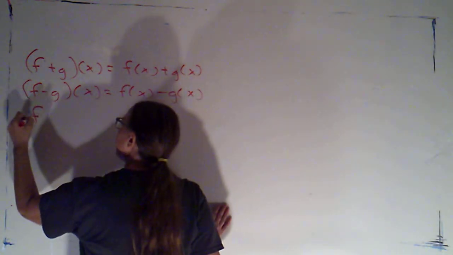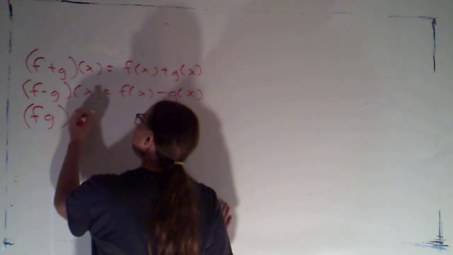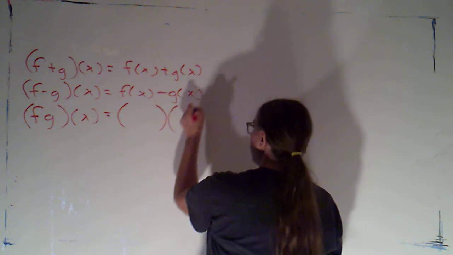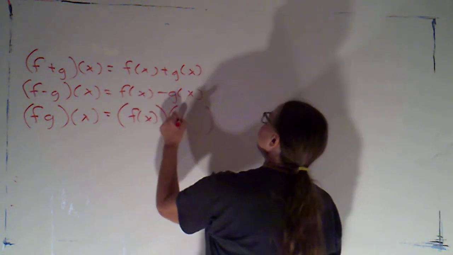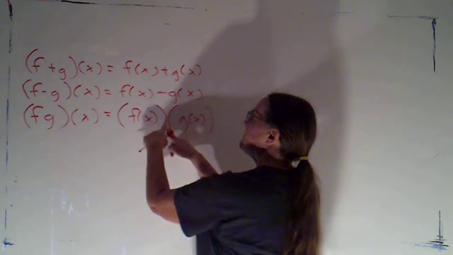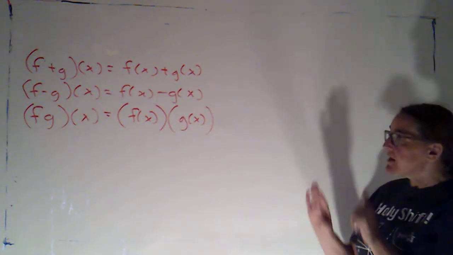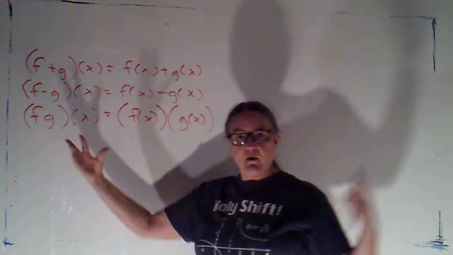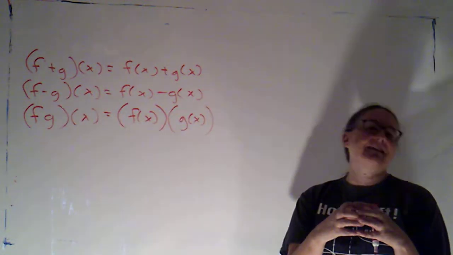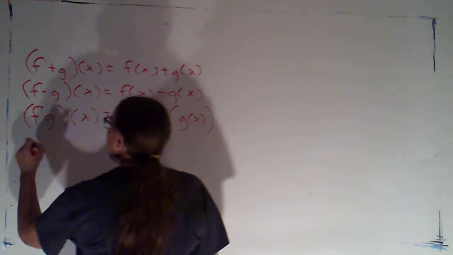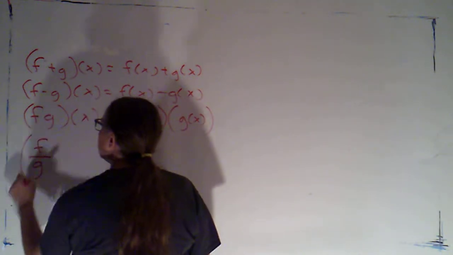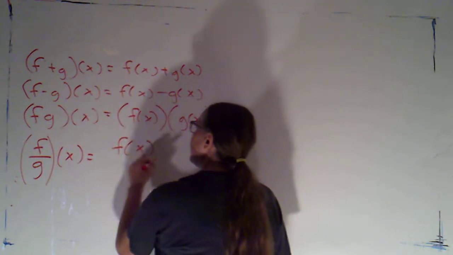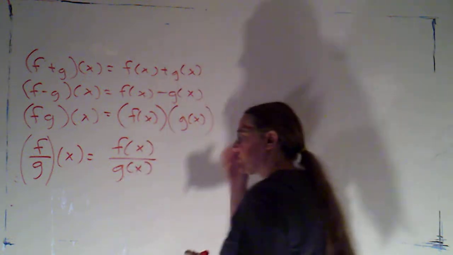If I want to multiply, I can write fg of x, and that would mean that I'm evaluating f, evaluating g, and then multiplying the results. So each function gets the same input, but here I'm just indicating that what I've built is one new function whose name is fg. And if I wanted to divide, we'd call the function f over g of x, and that just means f of x over g of x.